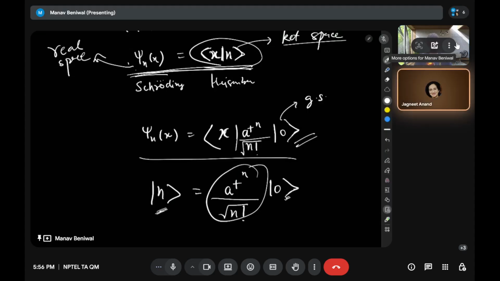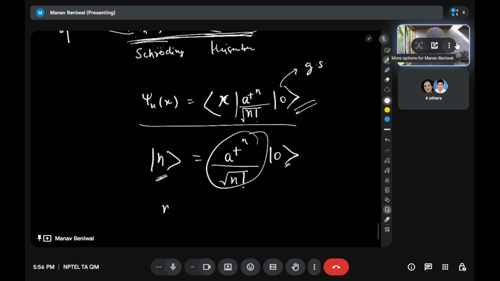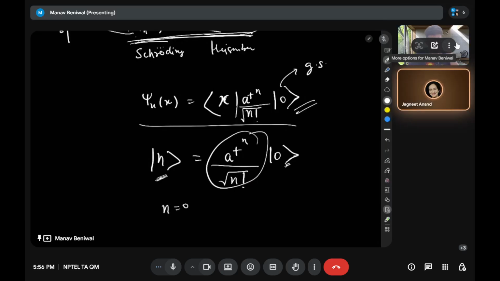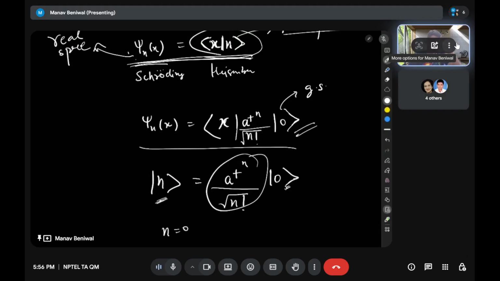If I take n equal to 0, then will I get the expression for psi naught, the ground state wave function for the harmonic oscillator? So n equal to 0 essentially corresponds to our ground state, right?